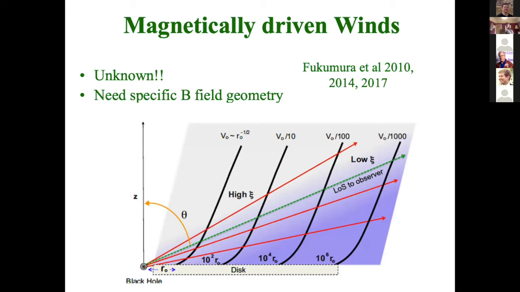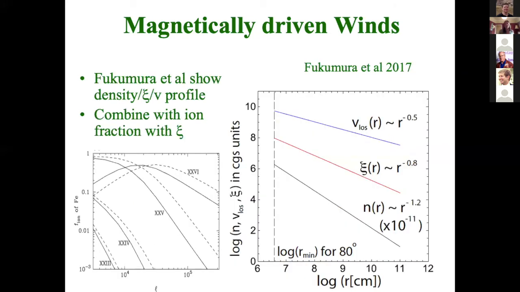And so then your radial velocity is pretty much the azimuthal velocity. And there's been a lot of magnetic wind models done by Fukumura and his group, and also Ferreira and his group as well.